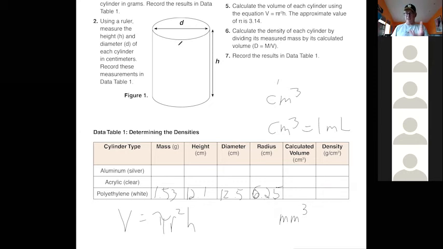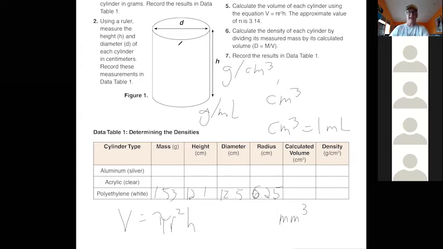We measure density of liquids in grams per milliliter, and we measure the density of solids in grams per cubic centimeter, because they're the same thing. It's just difficult to measure. You can't measure the liquid volume. You have to measure a solid volume, and so we determine that by measuring all these different heights and diameters.